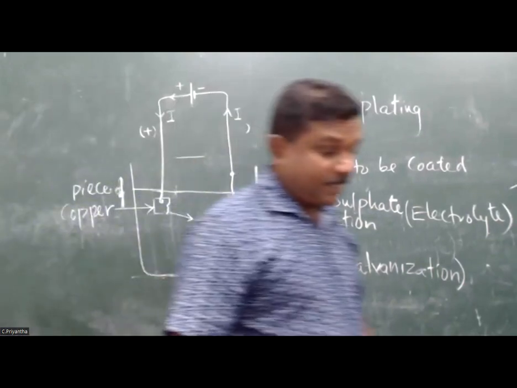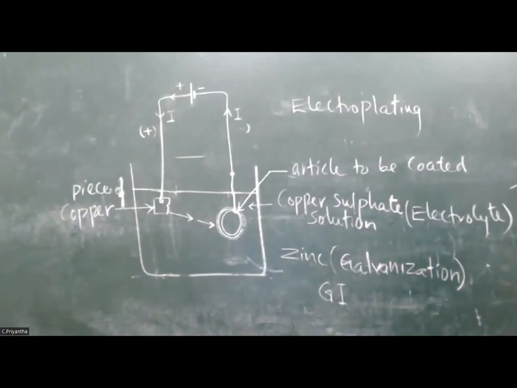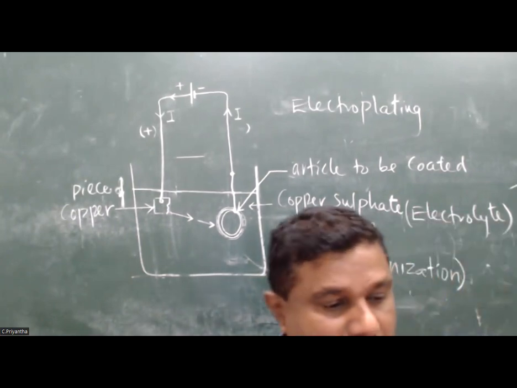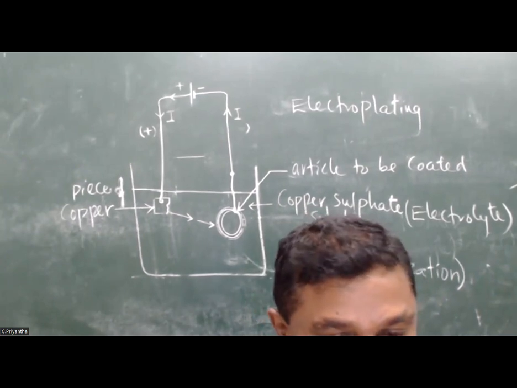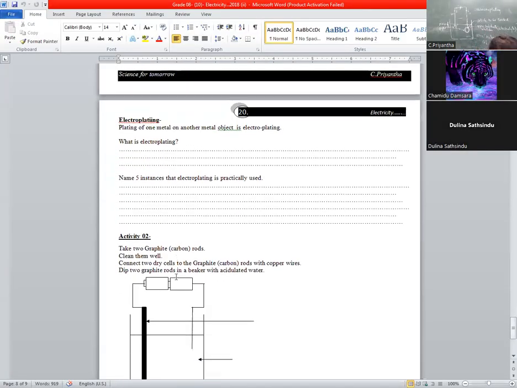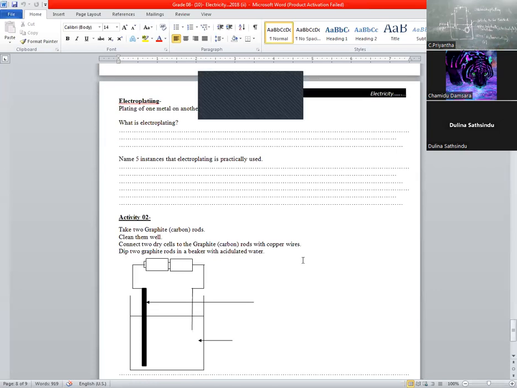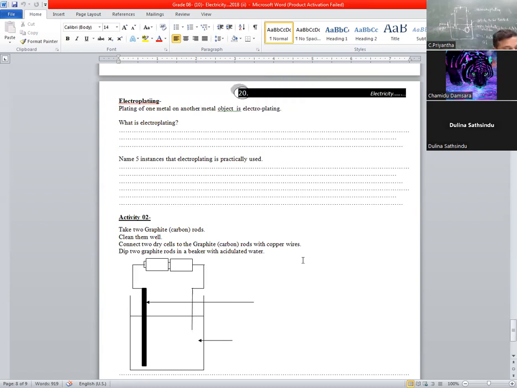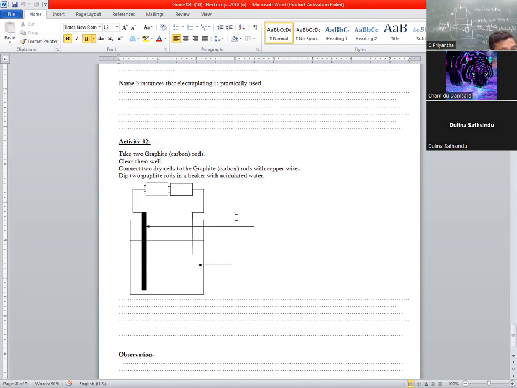Name these parts here: copper piece, copper metal. Here the article to be plated, and the solution must be named copper sulfate solution.